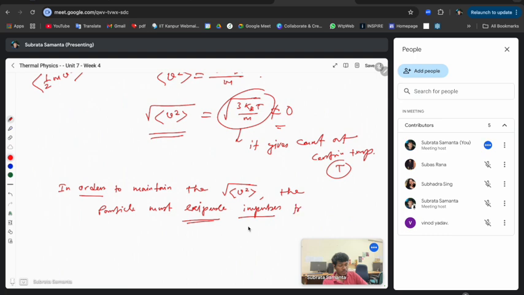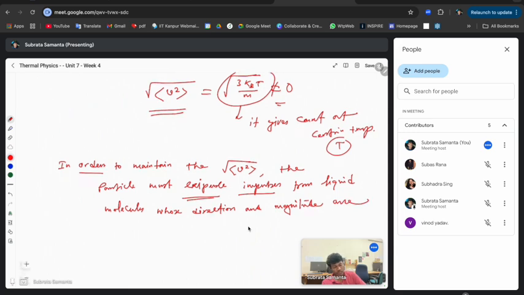Impulses from liquid molecules whose directions and magnitudes are random. So this is basically the random force.